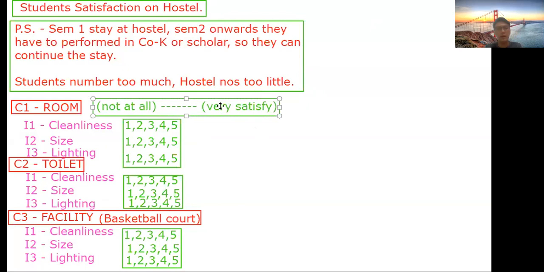Can you tell me what we call this? Guys, I want you to be fast because there are a lot of things to discuss today. Can you tell me how about this?